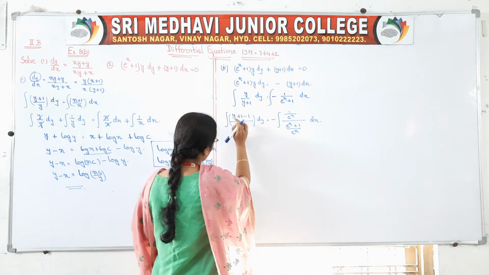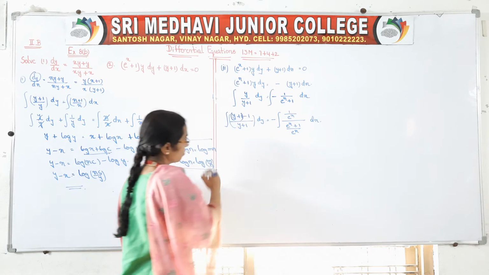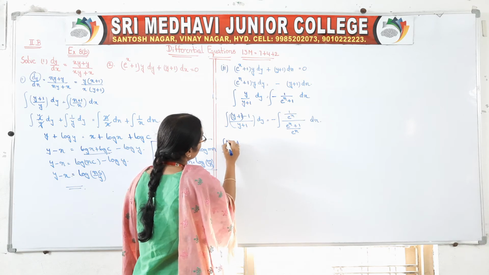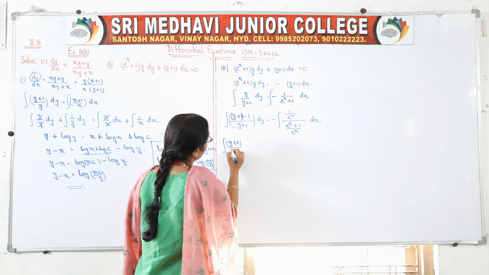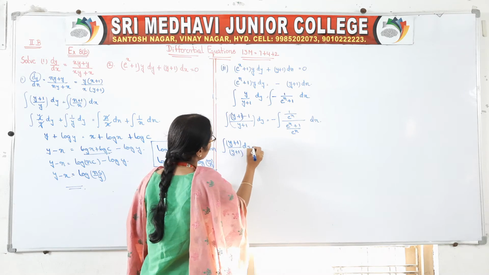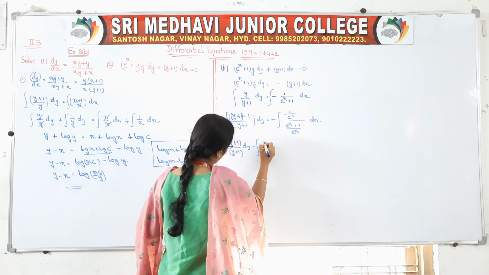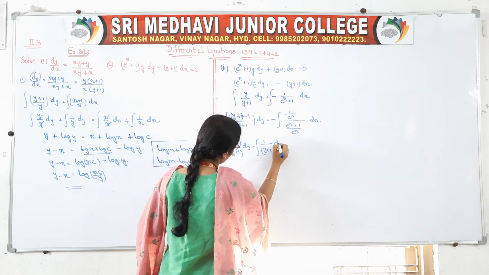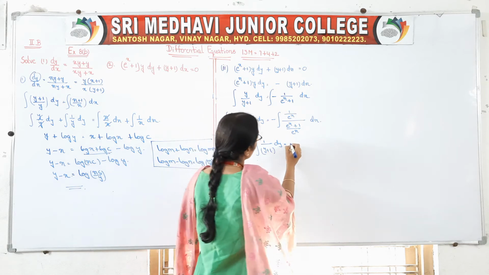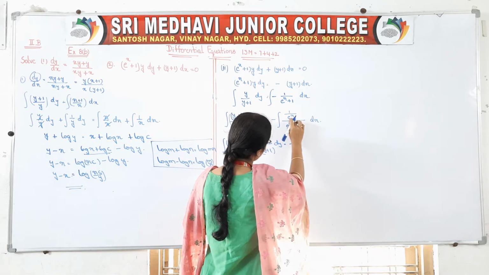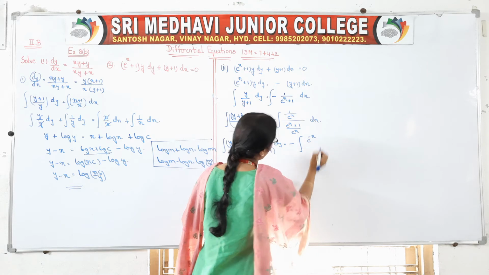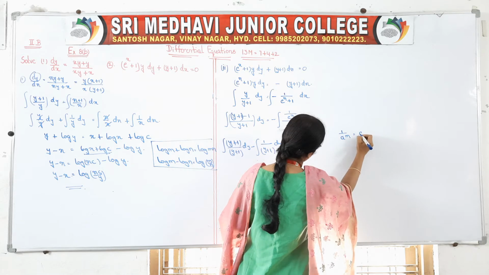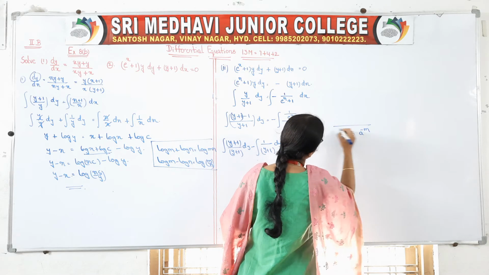Okay, so come on, now we can separate. We will consider this as one term, this as another term. So we can write the integrals separately. Integral (y plus 1) by (y plus 1) into dy minus integral 1 by, this minus comes here, by (y plus 1) into dy is equal to minus of integral, we can write this as e to the power of minus x, isn't it? 1 by a to the power of m is equal to a to the power of minus m.